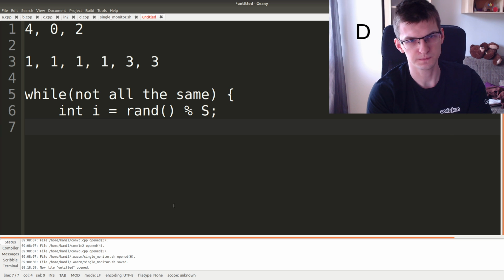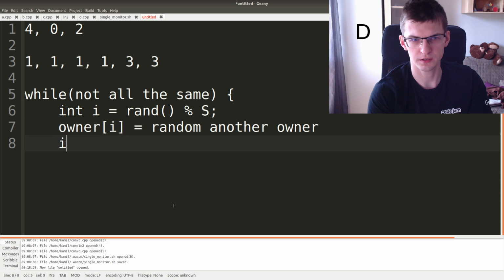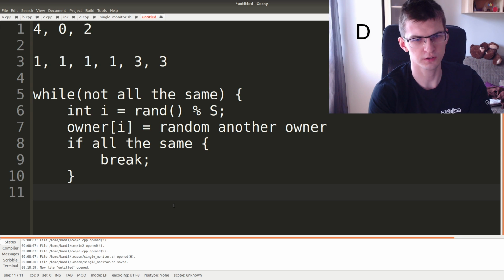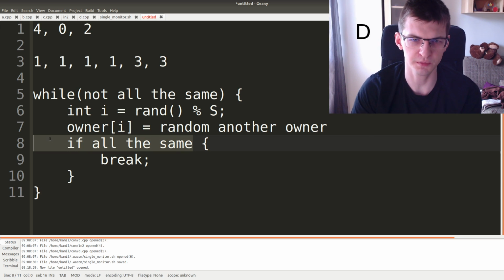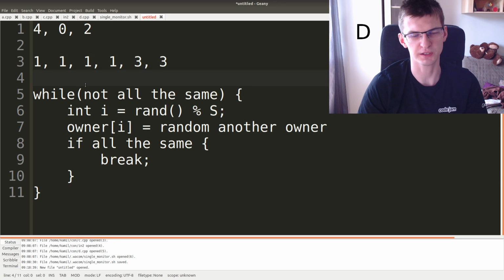And now we change the owner of i to a random other owner. And if all the same, then stop. That's pseudocode for the simulation of this. All the same means that every biscuit has the same owner. We are asked about the expected time of that.